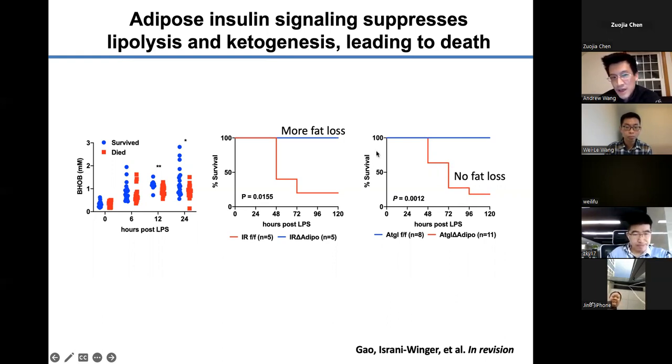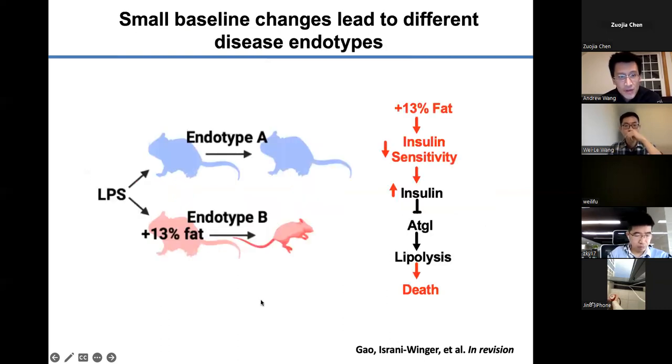And you can see that, consistent with our overall idea that the amount of fat is really important in surviving or dying from LPS, we get predictable results here, where more fat loss leads to better survival and no fat loss leads to worse survival.